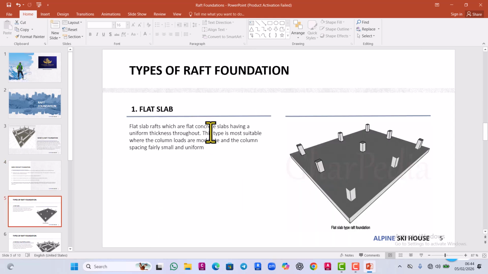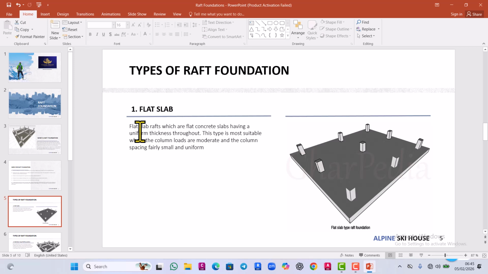Now, what are the types of raft foundation? The first one is the flat slab raft foundation. As you can see from the picture, let me read what it says. Flat slab rafts are flat concrete slabs having a uniform thickness throughout.